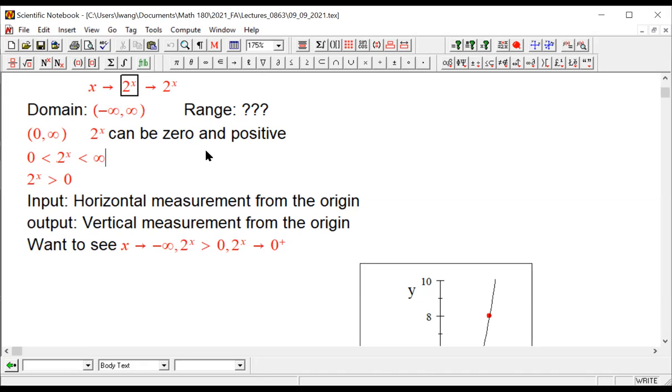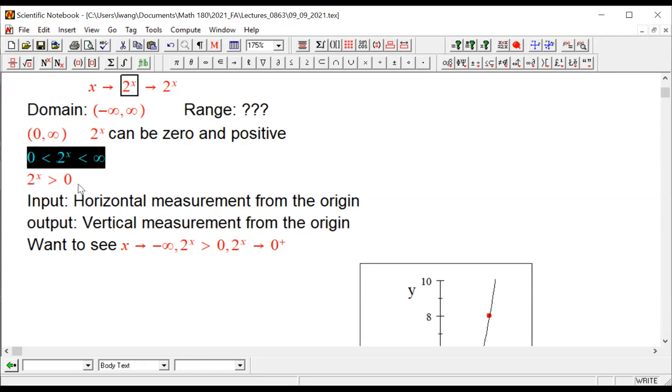Even though we use that symbol, it just tells us that the number can be as large as possible. So in this notation, if you put x there, it's wrong because x represents input. We are discussing output. Range is about output. Therefore, this x needs to be replaced by 2 to the power x. You guys follow me?